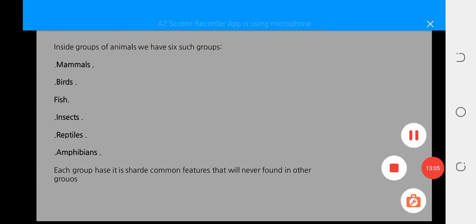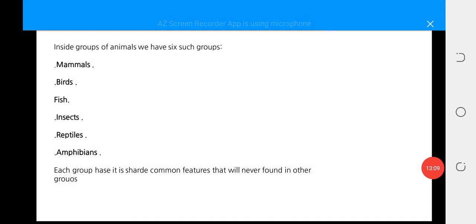So the key concept in this lesson is that you put things in one group because they have common characteristics. You have to know the characteristics. Depending on these characteristics, you will divide the living things into different groups.